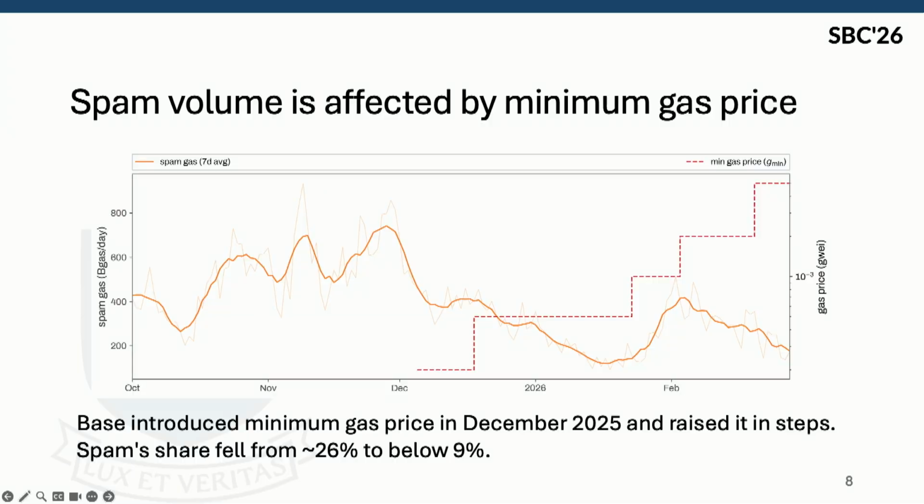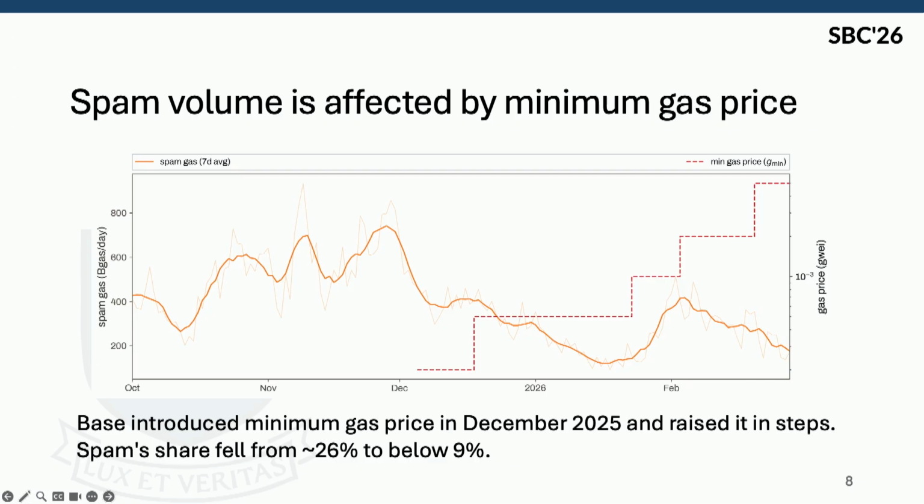Here's another parameter that shapes the behavior of spam transactions on chain. This is what we call the minimum gas price. Some chains do set a minimum gas price which each transaction has to pay. Base, for example, introduced it in December 2025 and raised it across multiple steps. These measures are believed to have been taken to mitigate spam somehow.